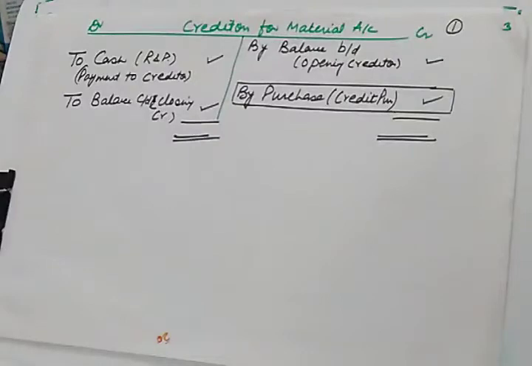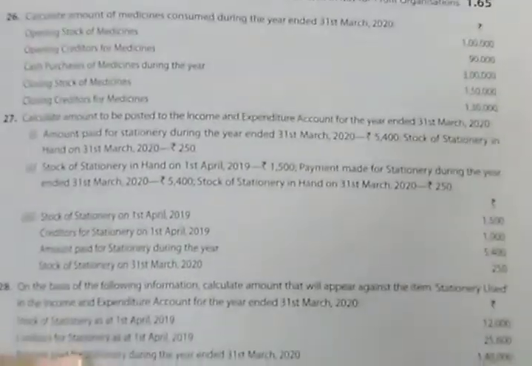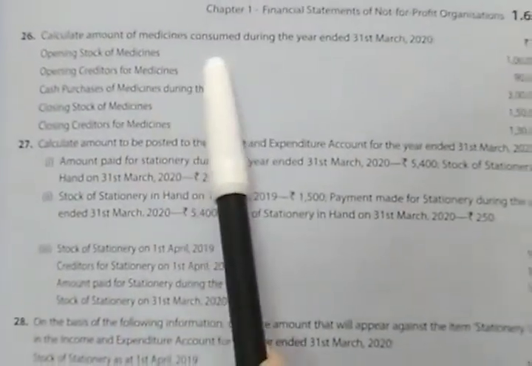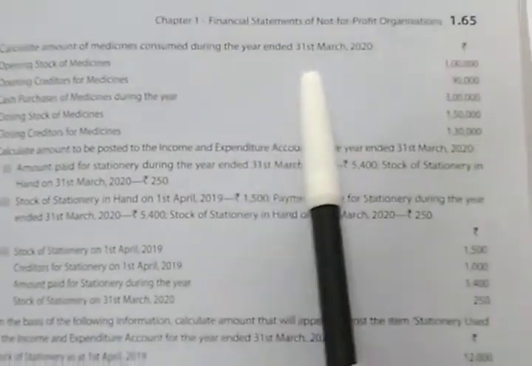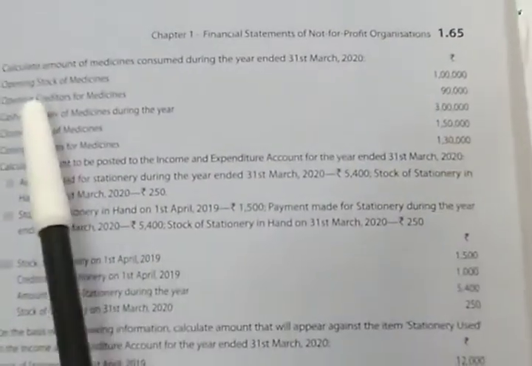And now it's time to do the numerical. So let us take the numerical from T.S. Grewal's book. I have taken question number 26 of T.S. Grewal's book. I hope you will be able to see this numerical on your screen. This is question number 26. Let us read. Calculate amount of material consumed for the year ended 31st March 2020. Opening stock of medicine is given to us 1 lakh.